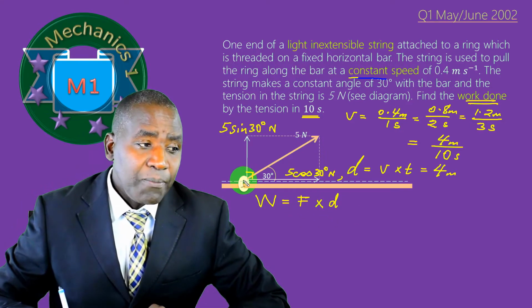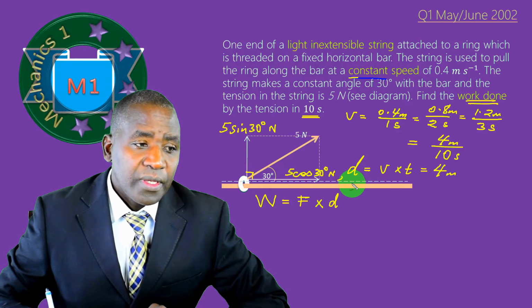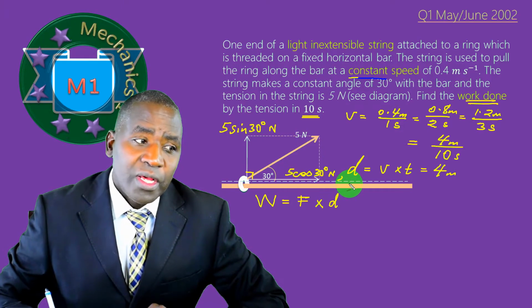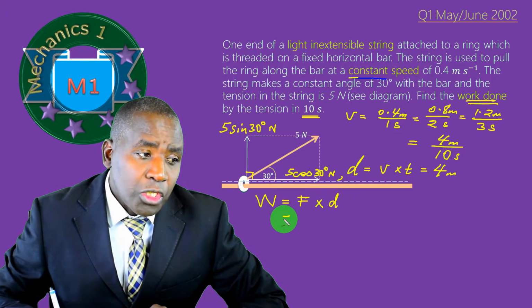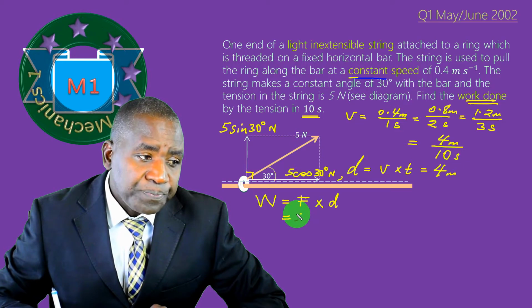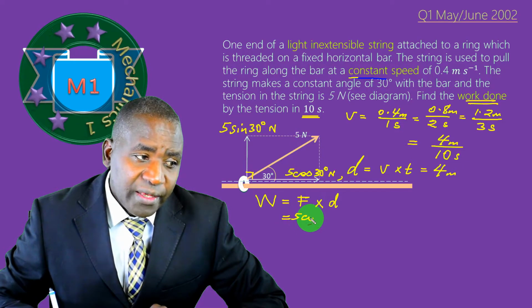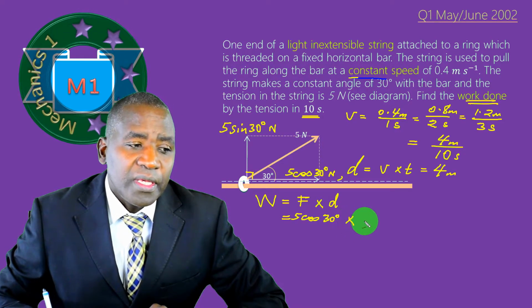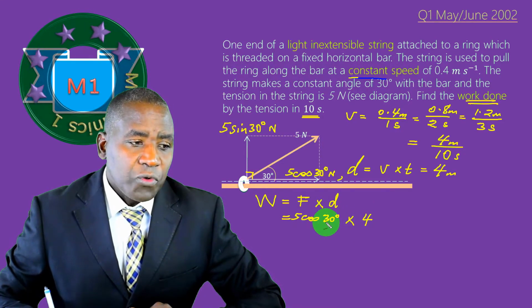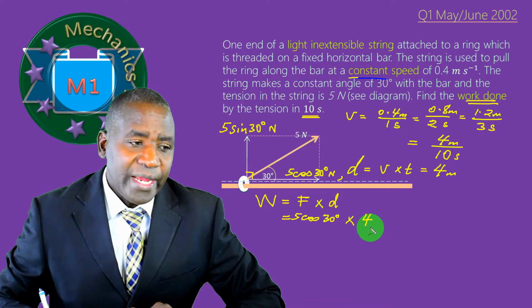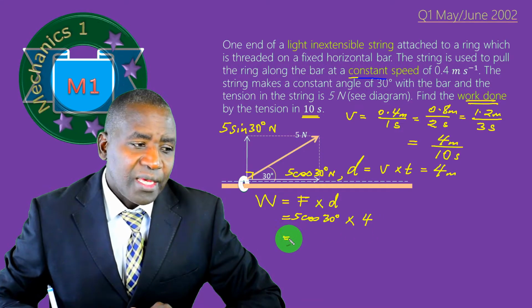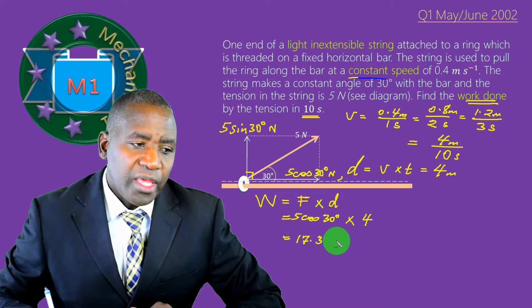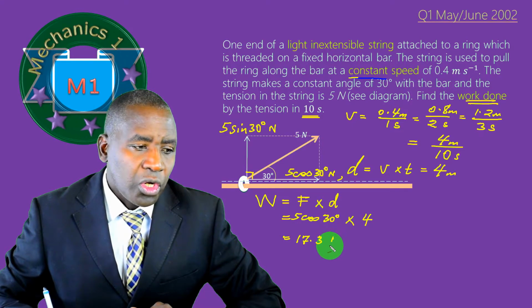And you can see I've been able to calculate the distance it covers, and I already know the force in that direction. That is why it was important to resolve this force horizontally, because I will get the component of the force in the correct direction. This force and this distance are in the same direction, and that is what gives me the answer of 17.3 newton meters or joules.